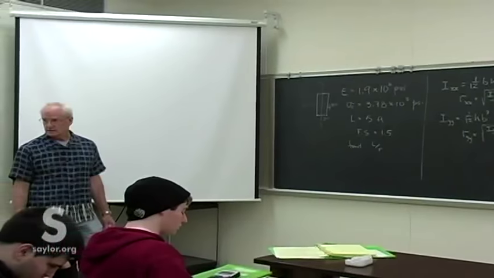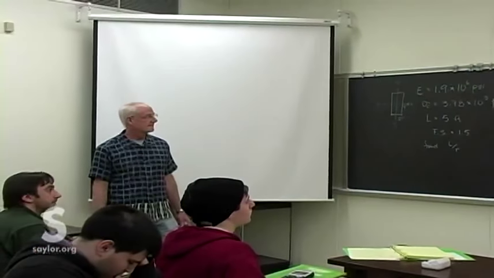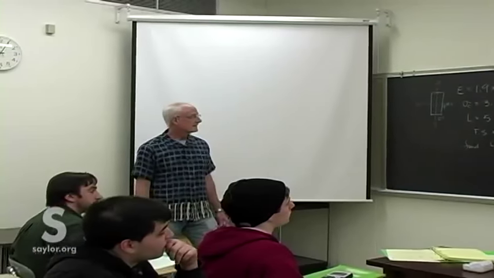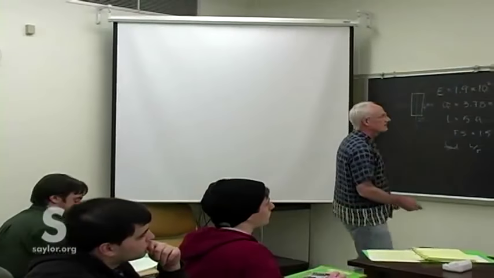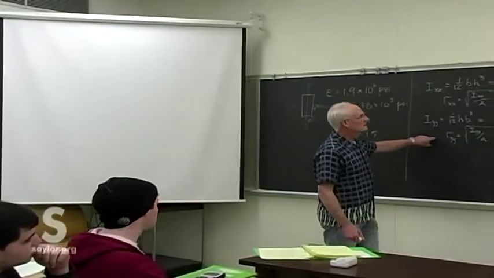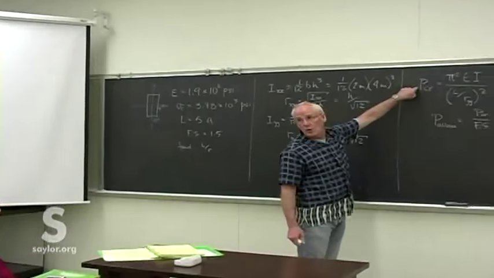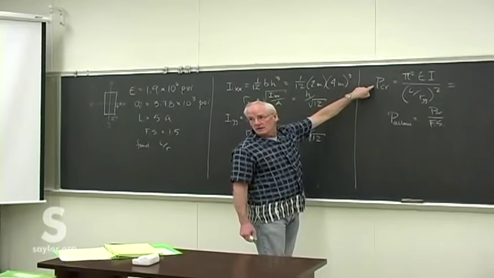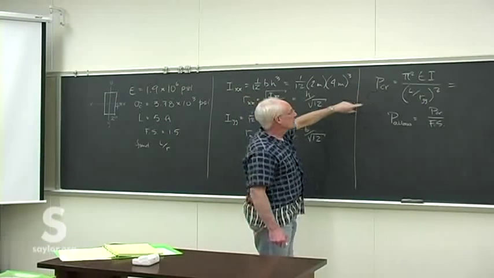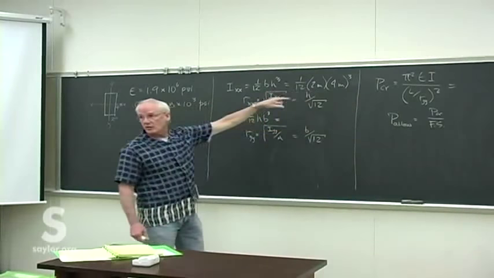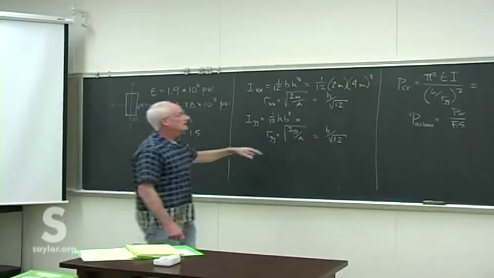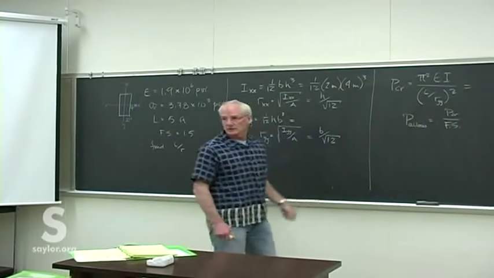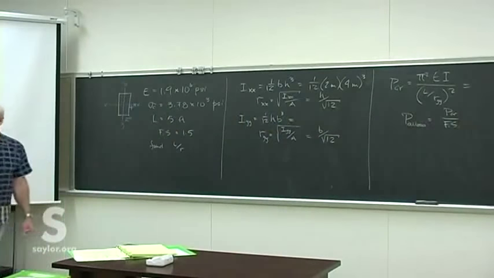Chris, why are we using a smaller radius of gyration? Because it's more likely to fail in that direction. That lowers our critical load. If we design it with the greater one, we'll have a higher critical load, and if we use that, it could be over what the lower critical load is.